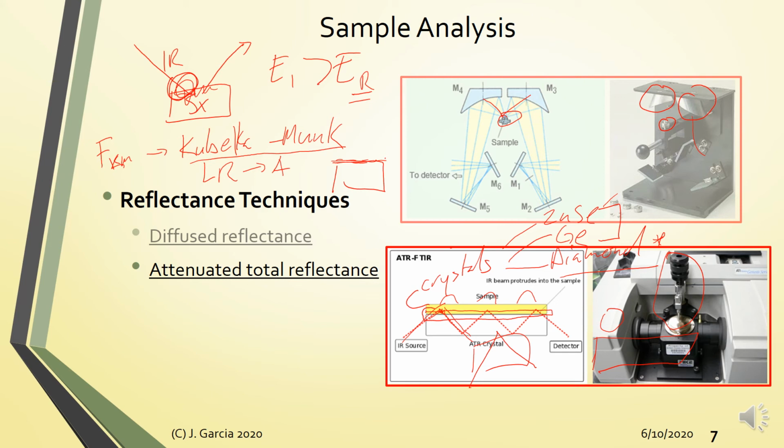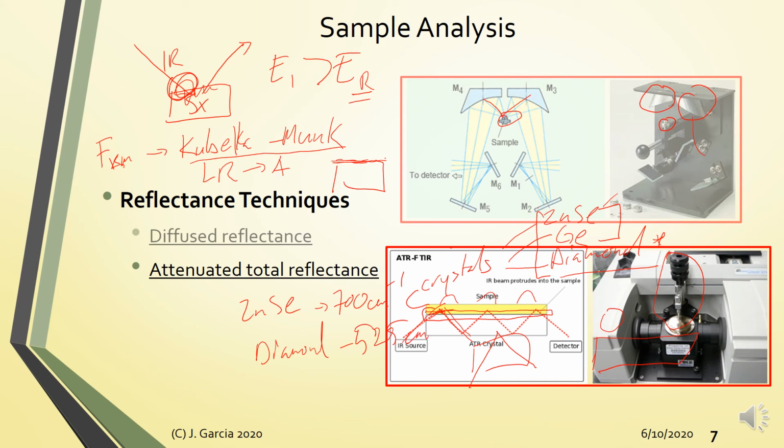Another thing to remember is that different crystal types have a cut-off. So for zinc selenide, the cut-off is roughly 700 per cm, whereas for diamond, this is roughly around 525 per cm.